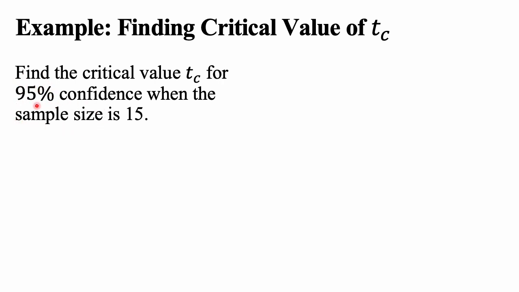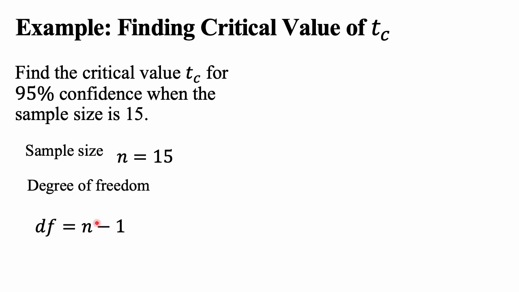Be very careful with degrees of freedom. You always find degrees of freedom first, depending on the sample size. Sample size is 15. Degrees of freedom is sample size minus 1, that's 14. So you have to use degrees of freedom to find the critical value.